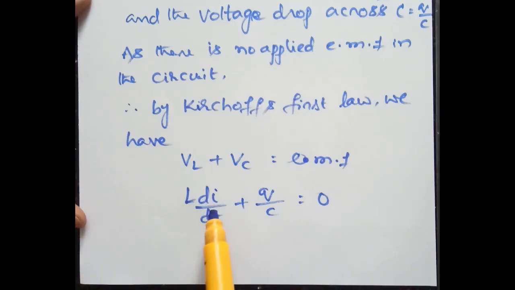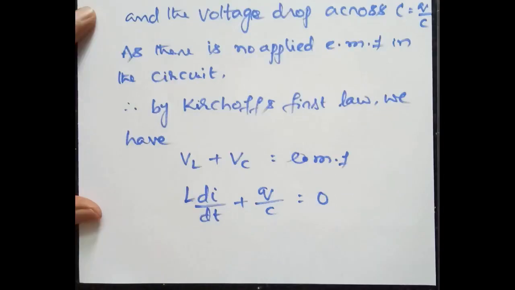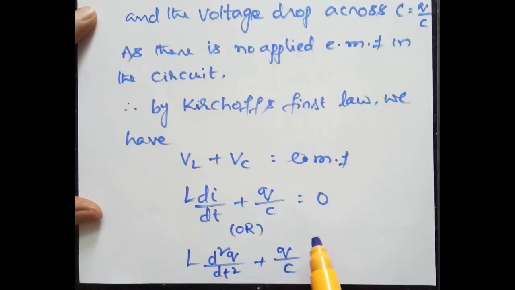Therefore L into di by dt, this can also be written as we have written above, L into d square q by dt square. Therefore L into d square q by dt square plus q by C equal to 0.